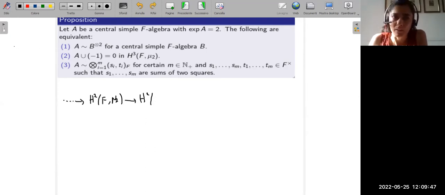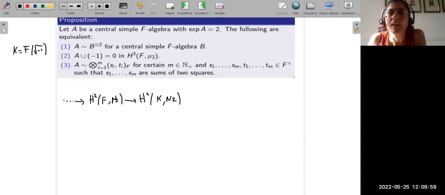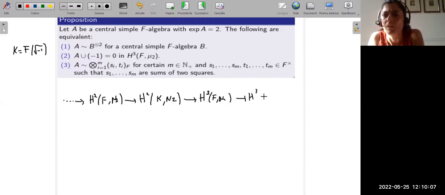Here I will discuss the case where -1 is not a square. So let me set K equal to F(square root of -1). So here we have H^1(K, mu_2), H^2(F, mu_2) and H^3(F, mu_2).